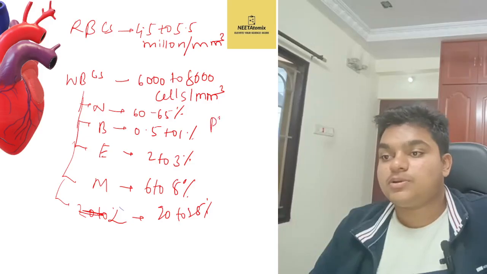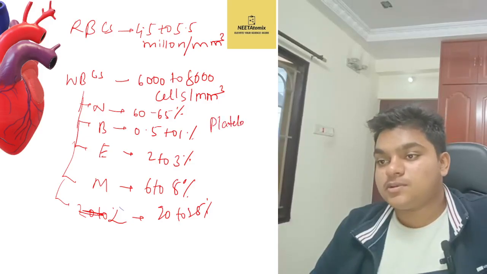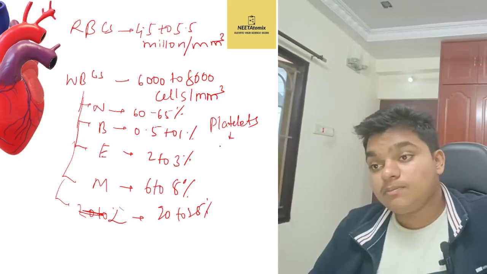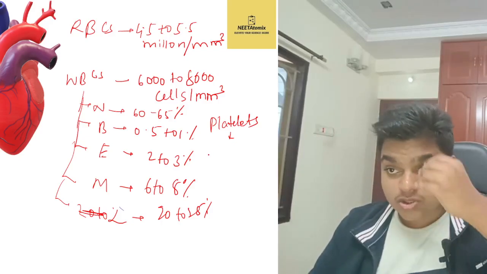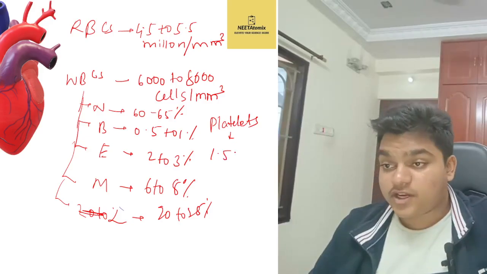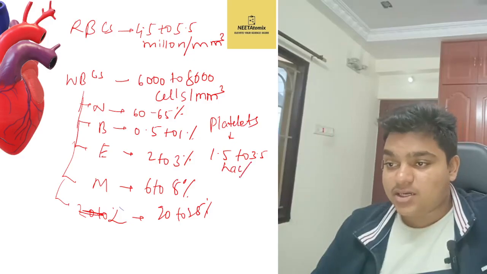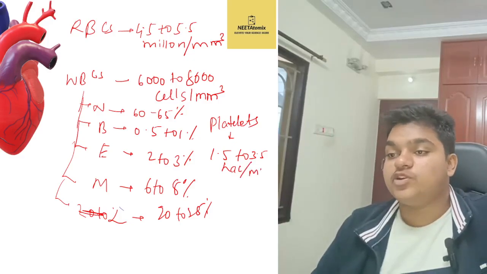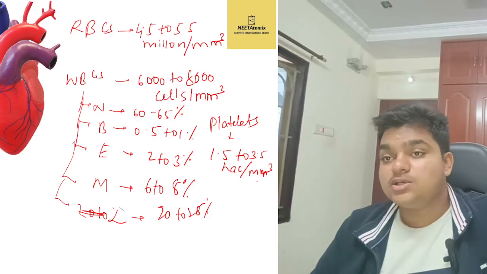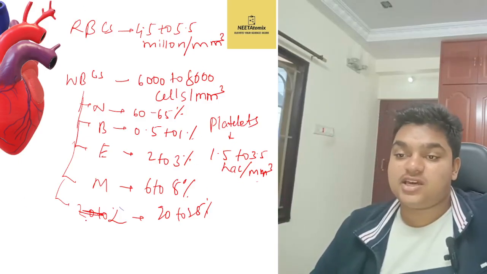Next, platelets. Platelets accommodate how much? 1.5 to 3.5 lakh per mm cube. These are the normal values.